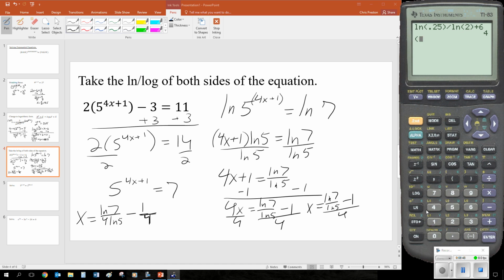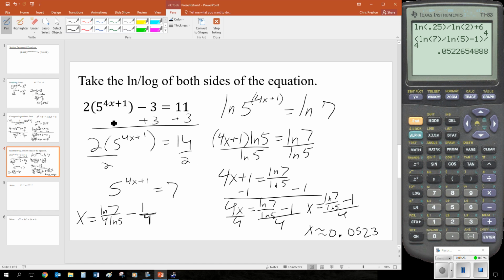So put the whole top in a parenthesis, natural log of 7, divide by natural log of 5, minus 1, close the top, divide by 4, and so I get approximately 0.0523.